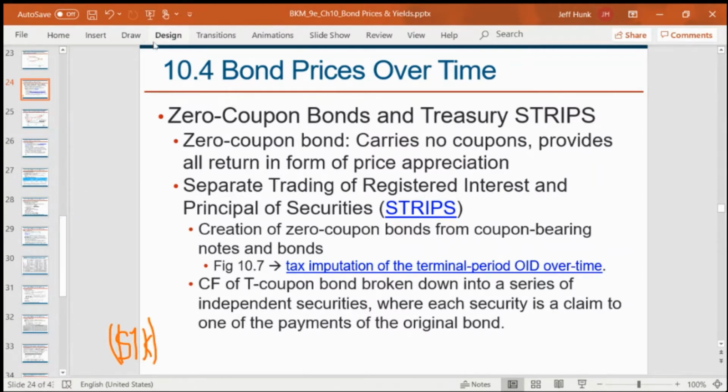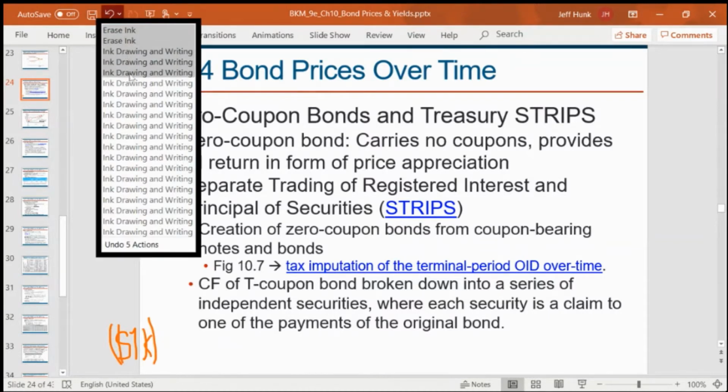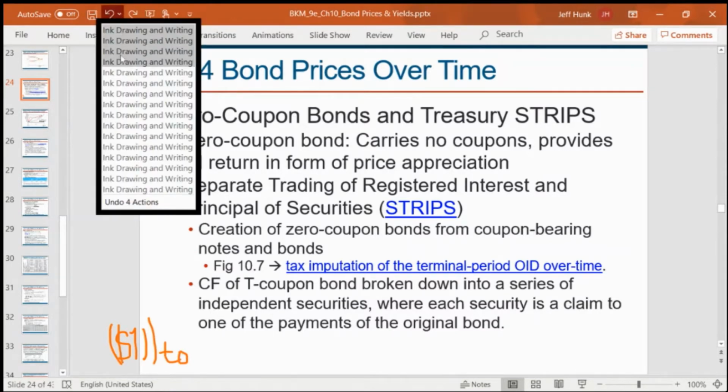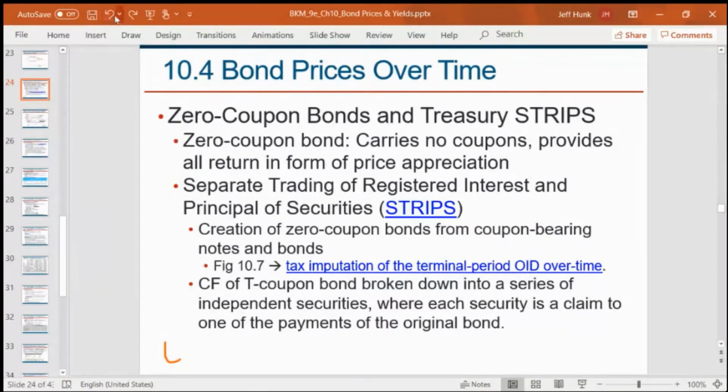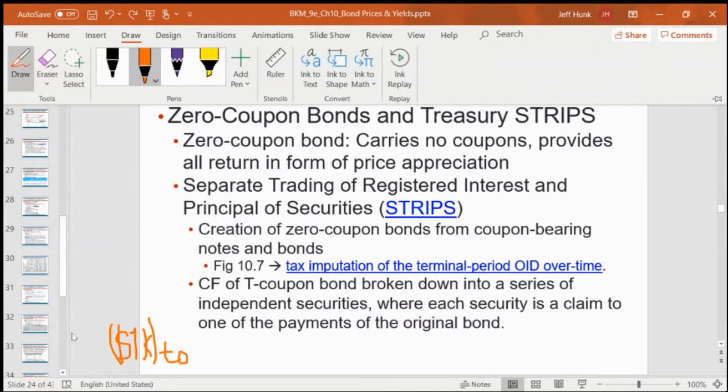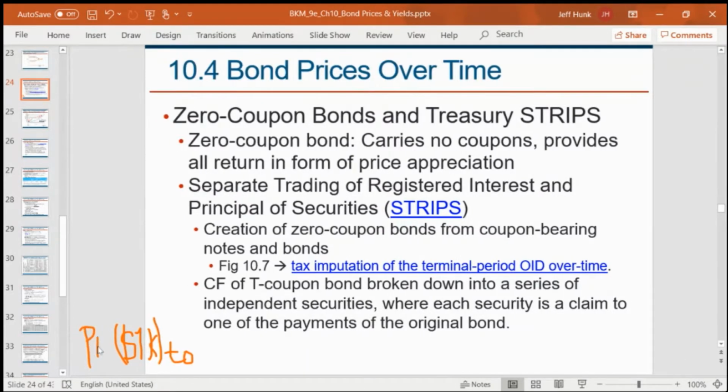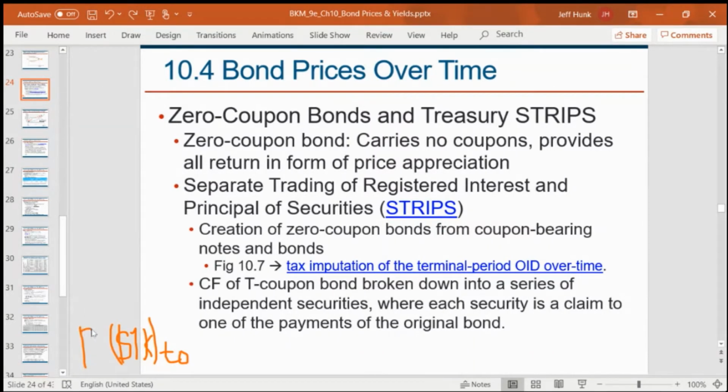There must be the present value of this 1K at time zero.